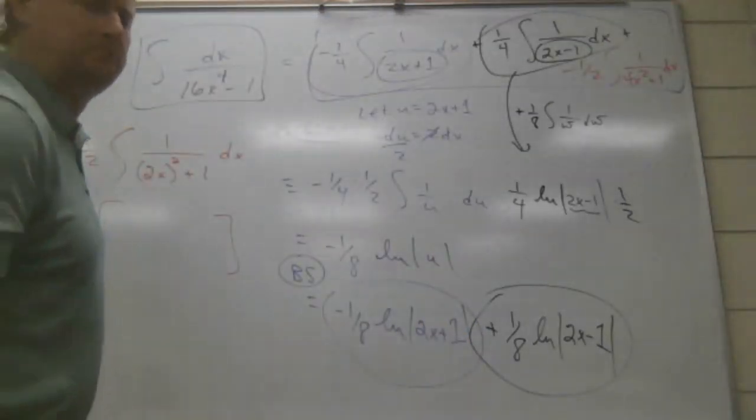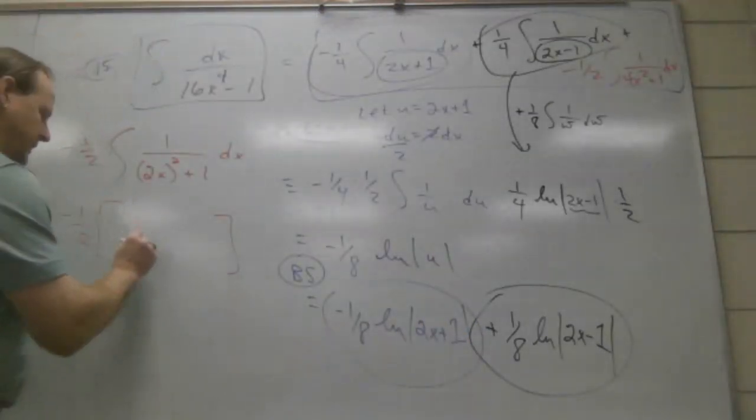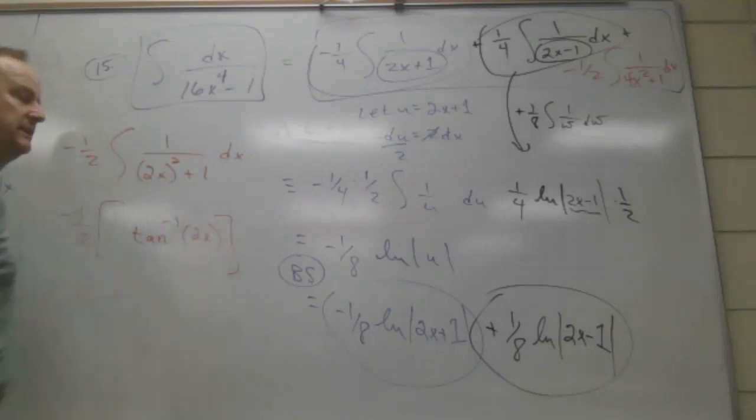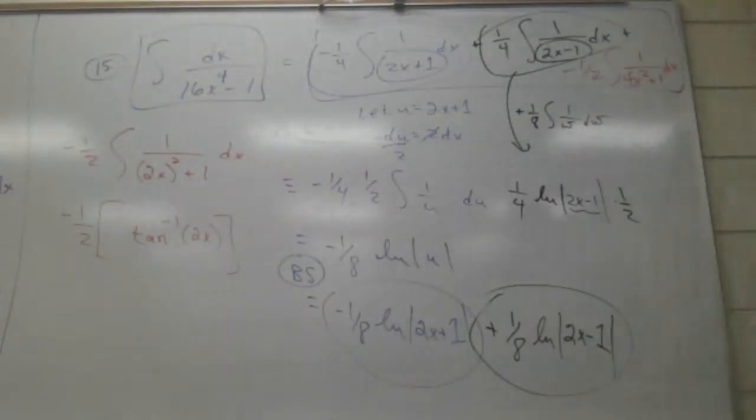Anybody know off the top of your head? I know we got arctangent of 2x, right? If we don't know where to look it up, go back up, look at your arctangent antiderivatives, or look on that sheet of antiderivatives, or the front and back flap sheet I gave you.